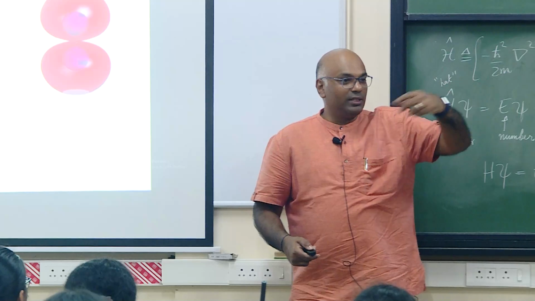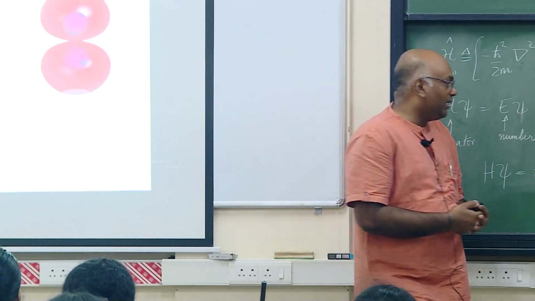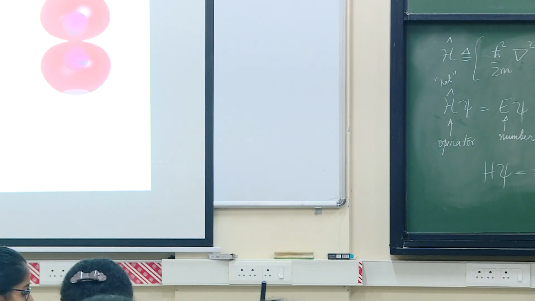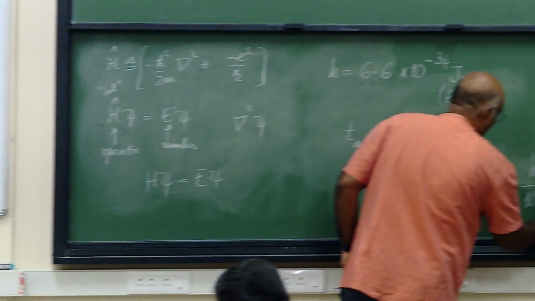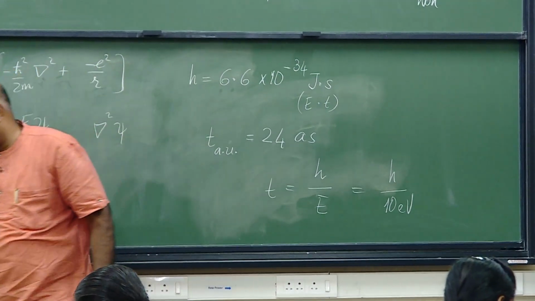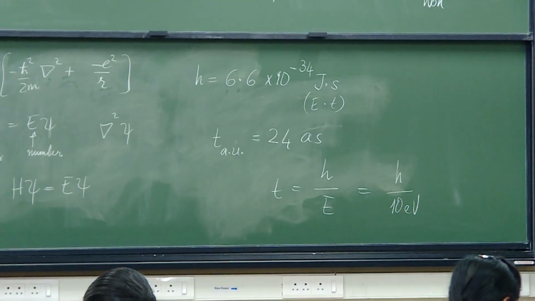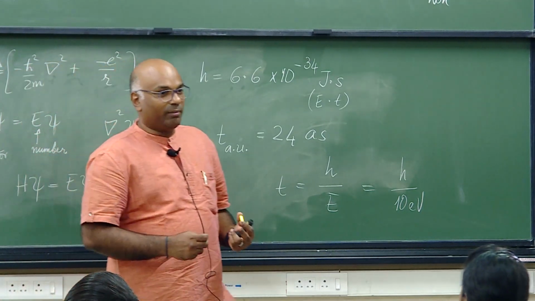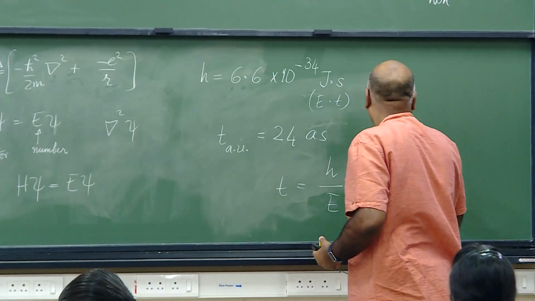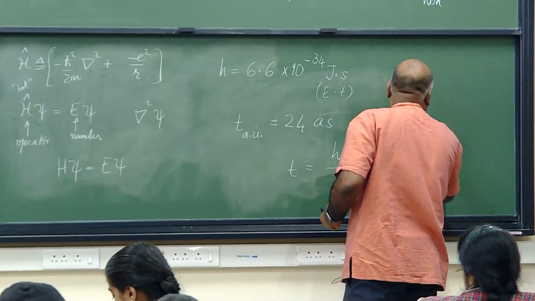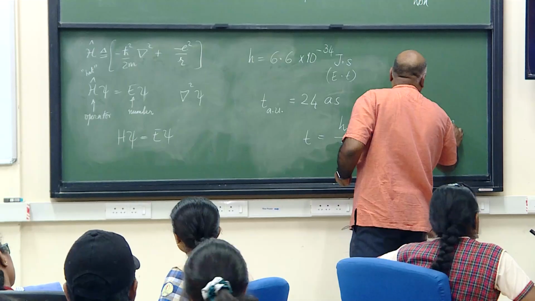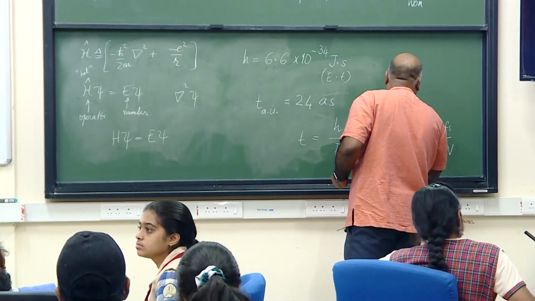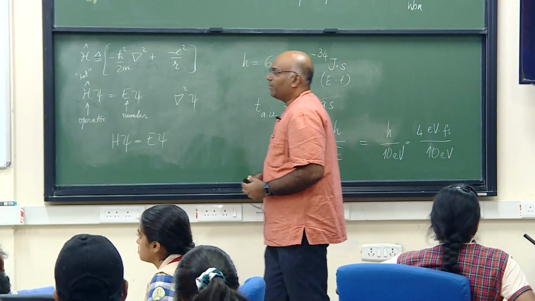Now I have these two energies, just take the difference, approximately 10 electron volts. So Planck's constant divided by 10 electron volts, electron volts being a unit of energy, right? Now write Planck's constant instead of joule second, like my colleague here said, in the units of electron volts femtoseconds. Turns out to be 4 eV femtosecond.